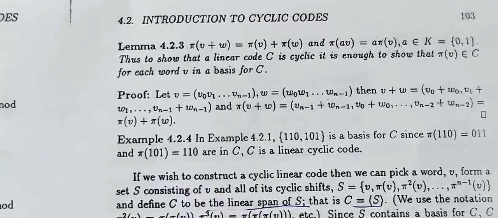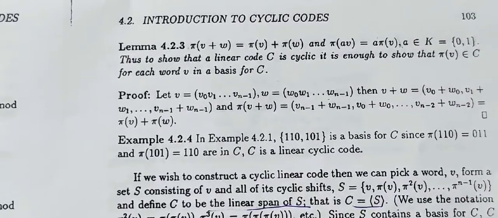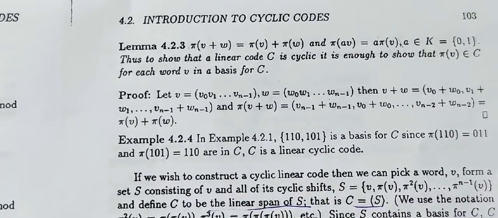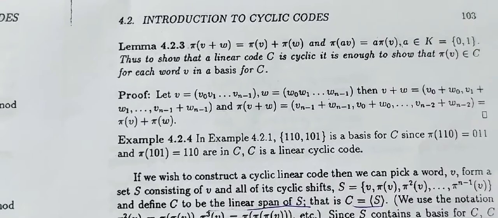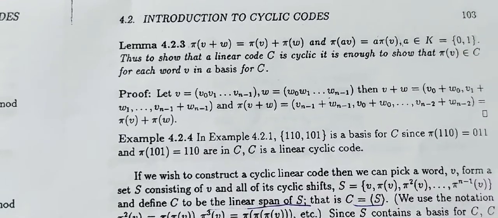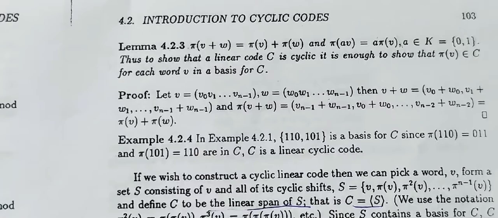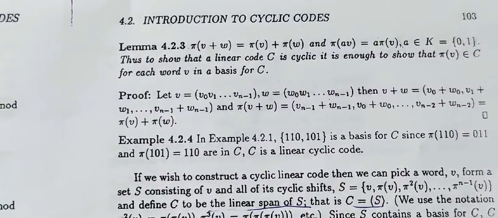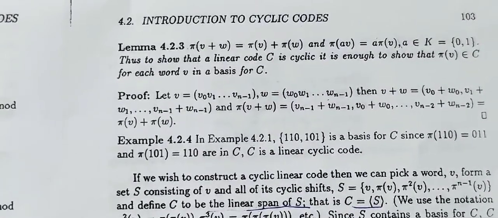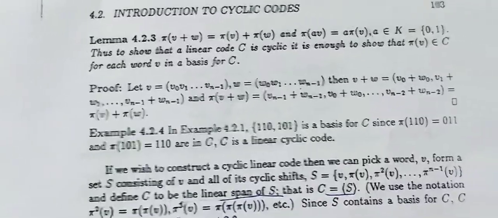So pi of V plus W is the same as pi of V plus pi of W, and pi of aV is the same as a times pi of V. So if a linear code C is said to be cyclic, the shifting element of each word also belongs to the set C.